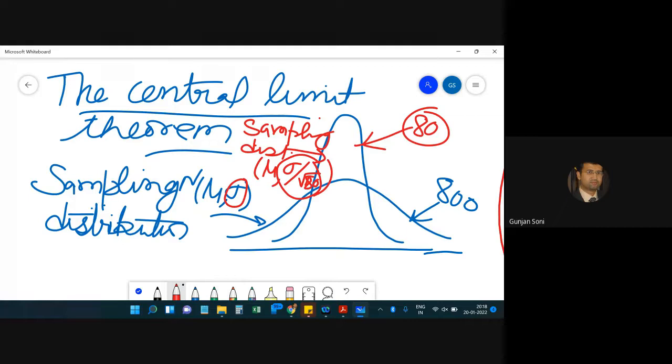Why do you think so? Logically speaking, this is coming from statistics that for any population, the corresponding sampling distribution will have a lesser standard deviation. Can you tell?